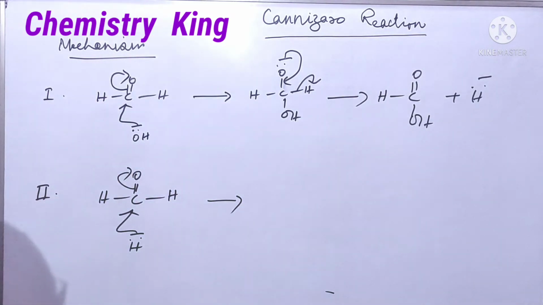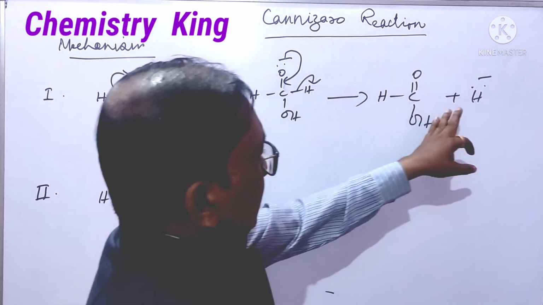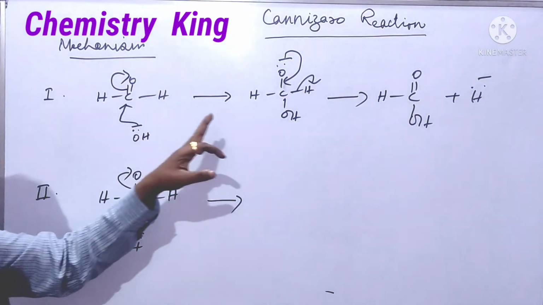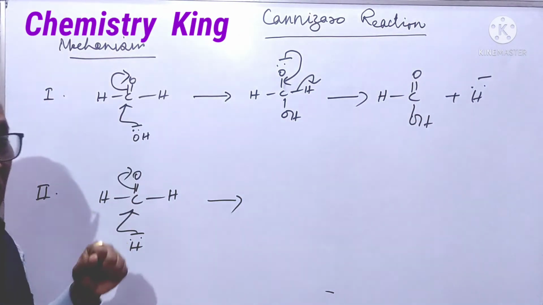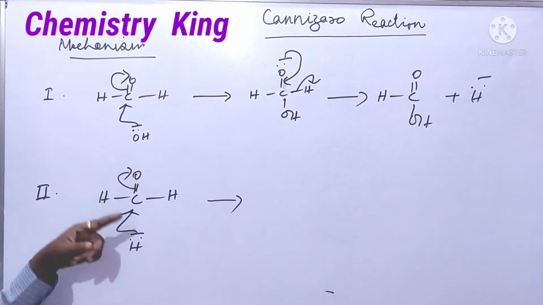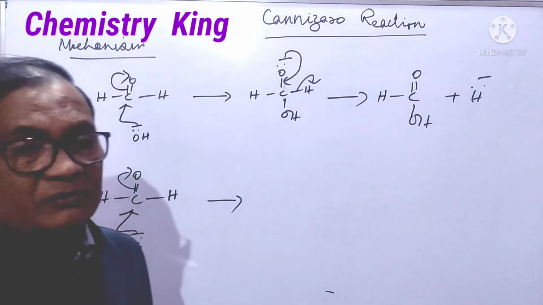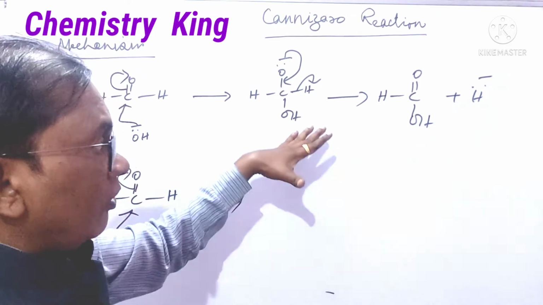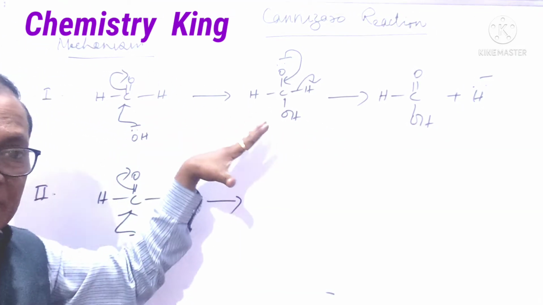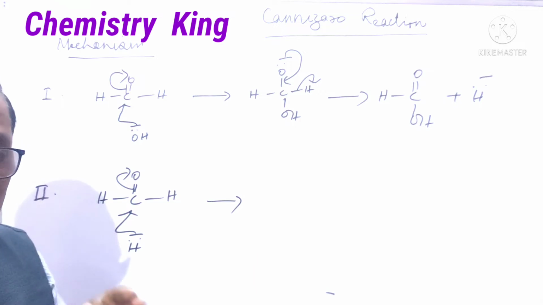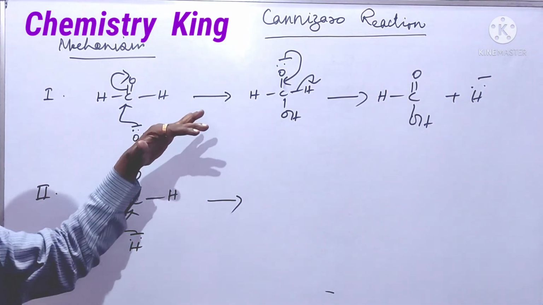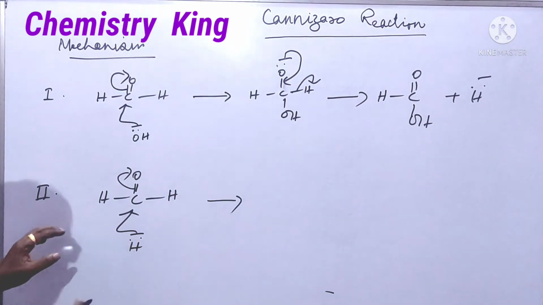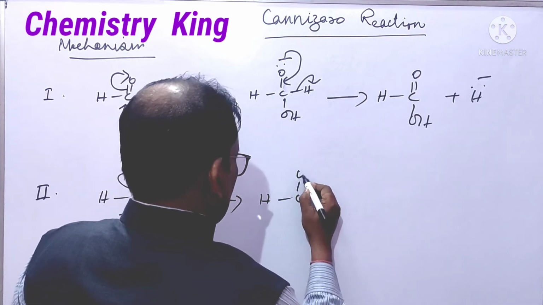Friends, one thing is important to underline: the release of hydride ion from one molecule of formaldehyde and the attacking of that hydride on the second molecule of formaldehyde occur simultaneously. But for the sake of convenience, to make the mechanism easy for you, I am showing it in two steps. This hydride ion will attack here, and you will get this O minus, H.